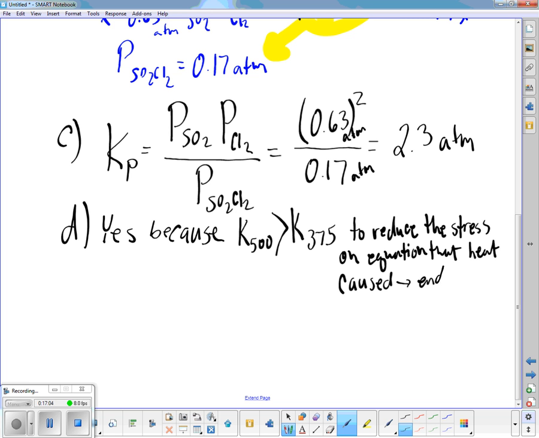And it was an endothermic reaction, so it would force it forward. Okay.